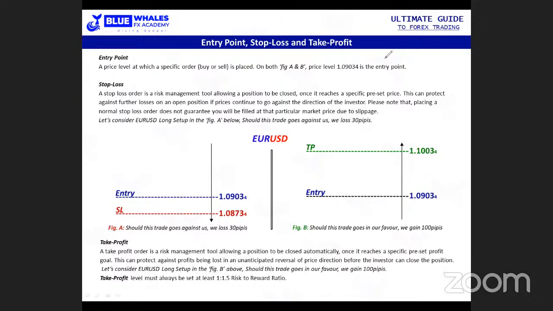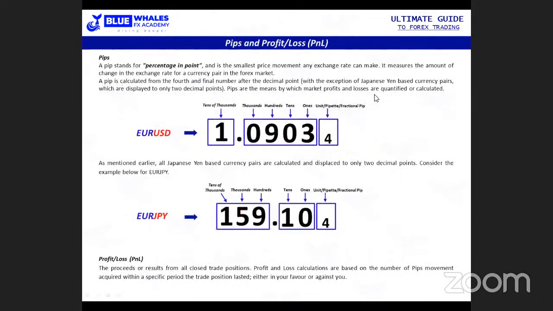So let's talk about something else here. This is PIP, and profit or loss. PIP stands for percentage in points, and it is the smallest price movement any exchange rate can make. It measures the amount of change in exchange rates for currency pairs in the forex market.